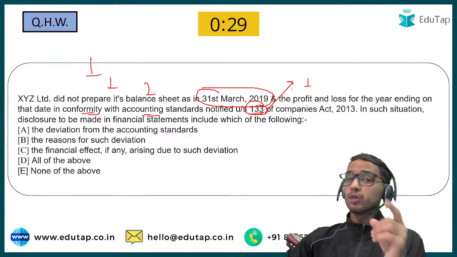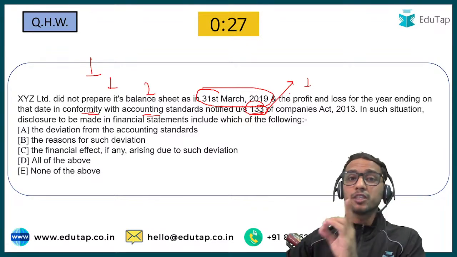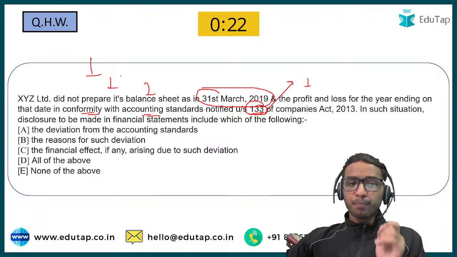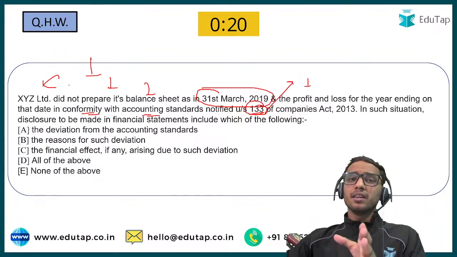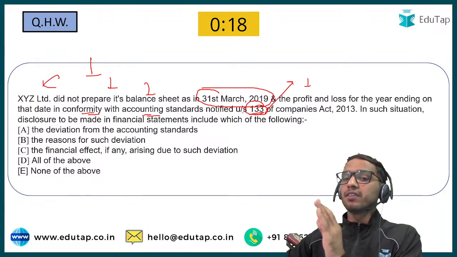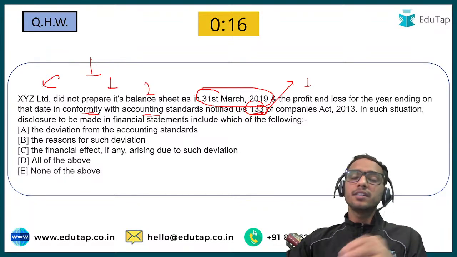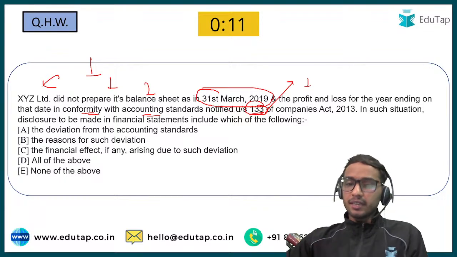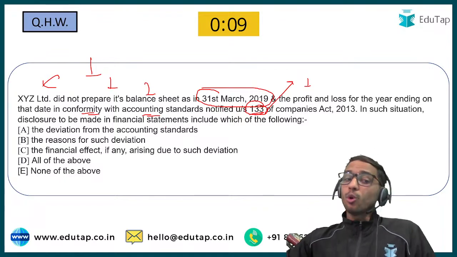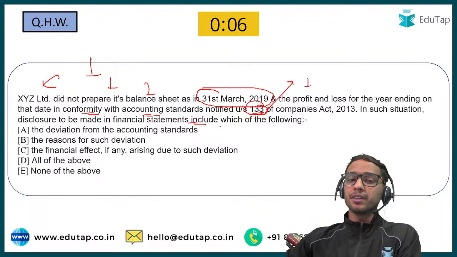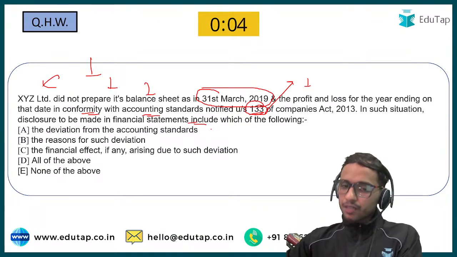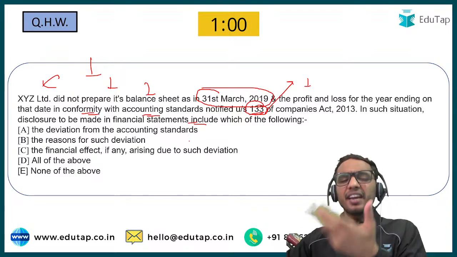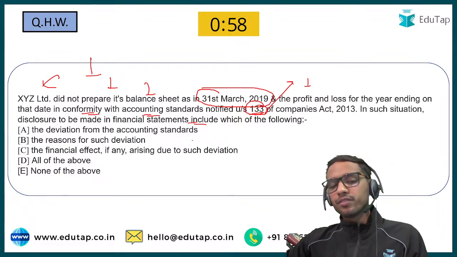Because section 133 is important, because it compels companies to apply the accounting standards. But this company didn't comply with section 133, and did not prepare its financial statement in conformity with the accounting standards. So in such a situation, what disclosure is to be made in the financial statement by the company? The deviation from the accounting standard, the reason for such deviation, the financial effect, if any, arising due to such deviation, all of the above, or none of the above.